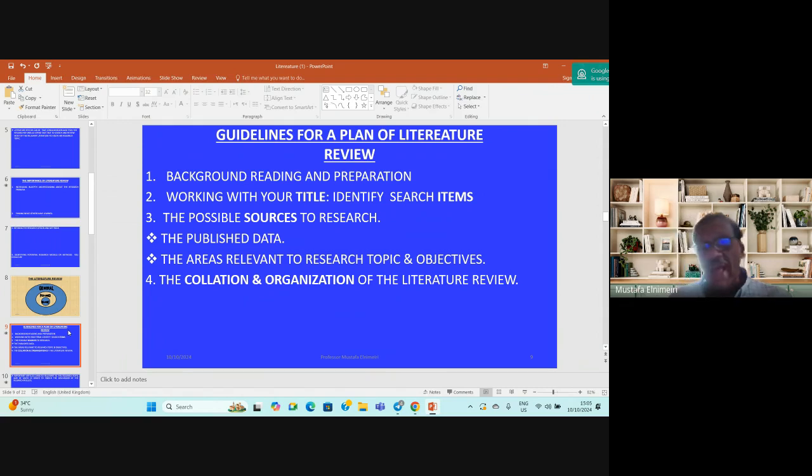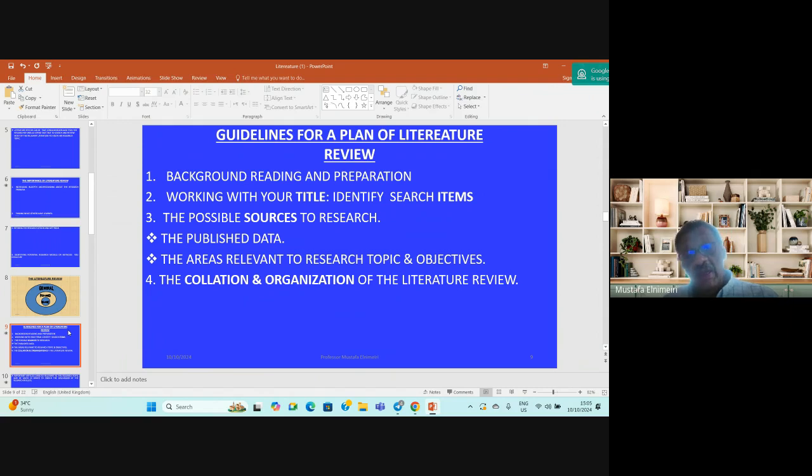And then what are the possible sources to search, whether published data, bibliography, or database, and the areas relevant to the research topic and objective, relevant to your research questions. So these are very important guidelines so that you will be covering most of the literature that is relevant to the topic. Otherwise, you might be missing important literature, and the literature chapter will be defective.